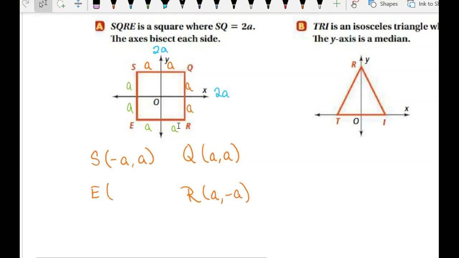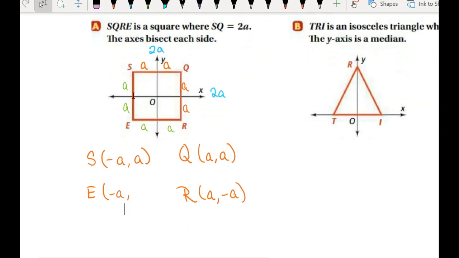E is the point, a units over to the left, so that's going to be negative a, and down a units, so that's going to be negative a as well. So those are our coordinates.